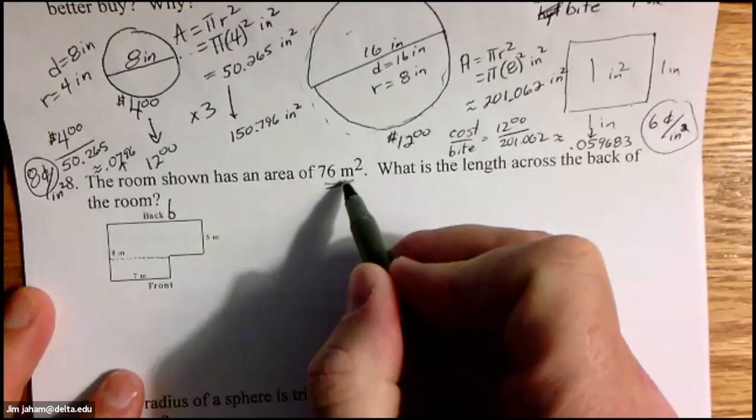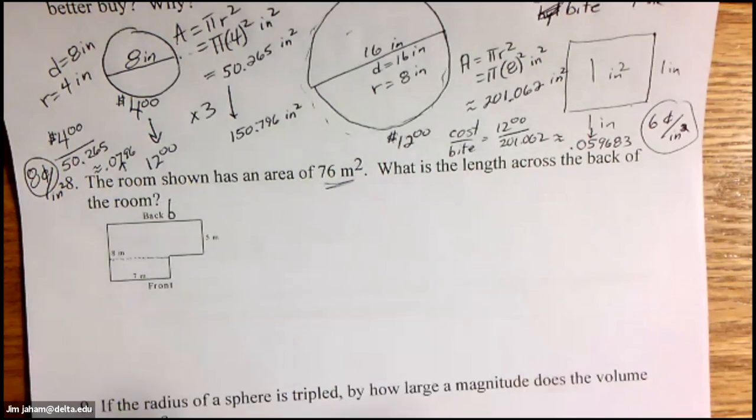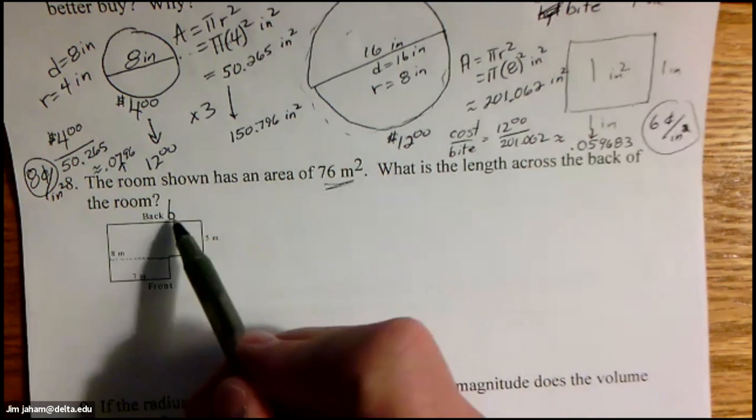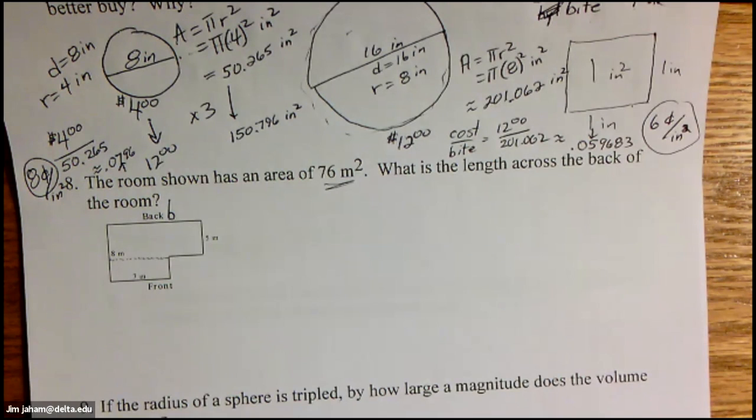Now I know that the whole area is 76 square meters, but I want to figure out the area using B, and then whatever I find as an expression, I'll set it equal to the 76 because I know 76 is also the area.